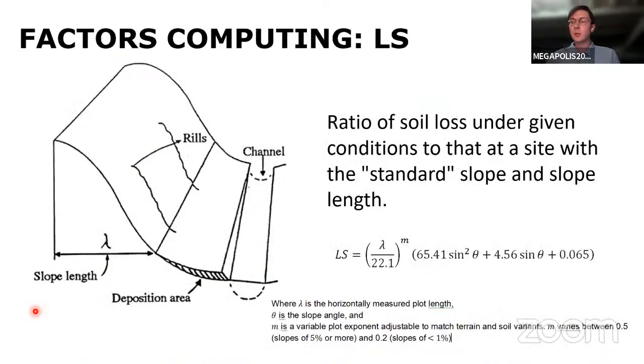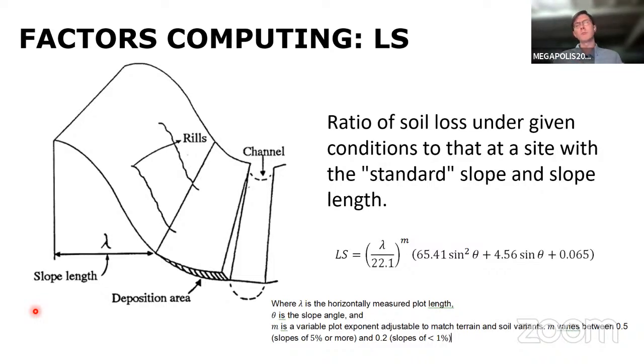The next factor which is affecting the soil erosion is of course topography. Maybe we should use it like the third factor. Again, it is a qualitative way to describe the slope steepness and the length.